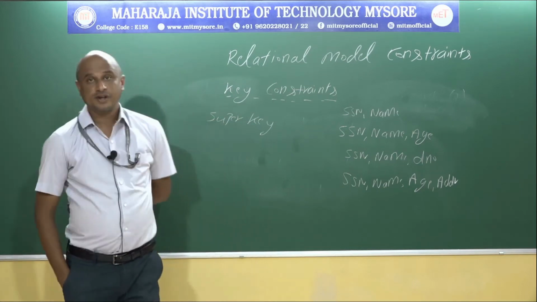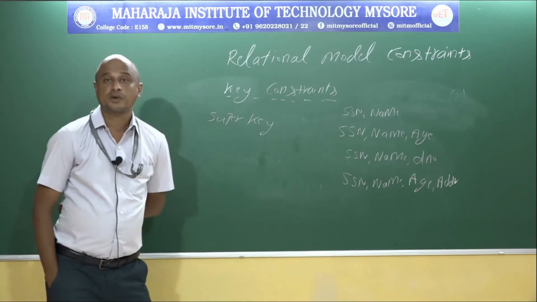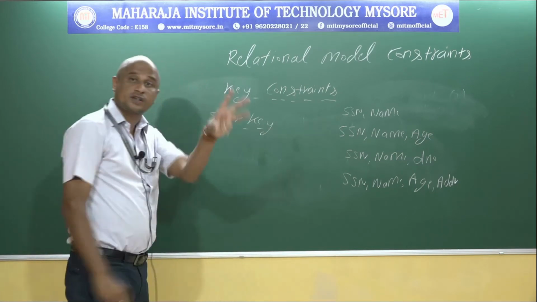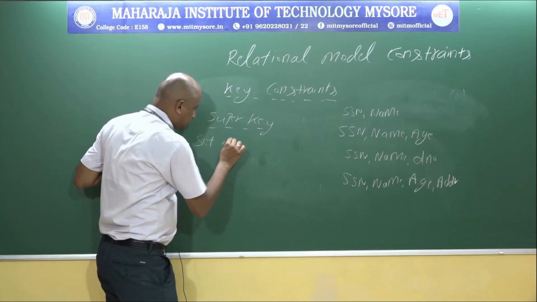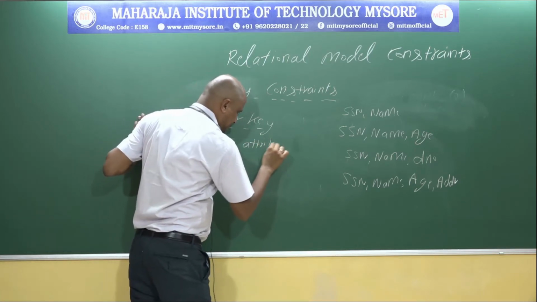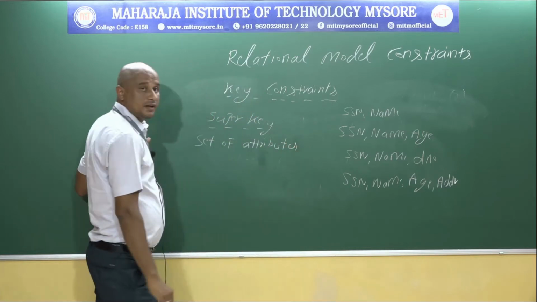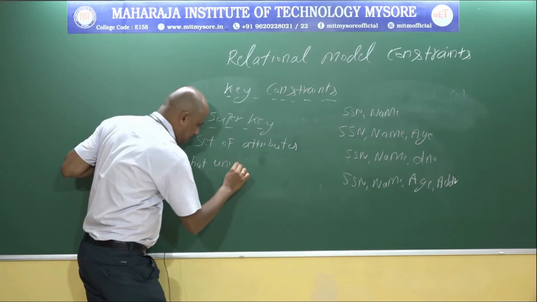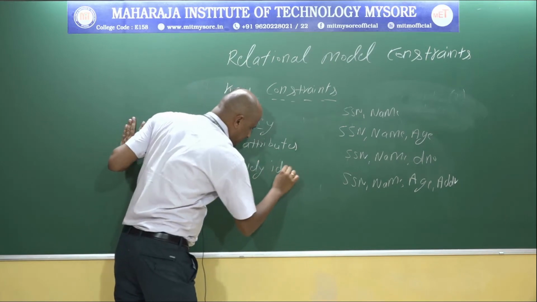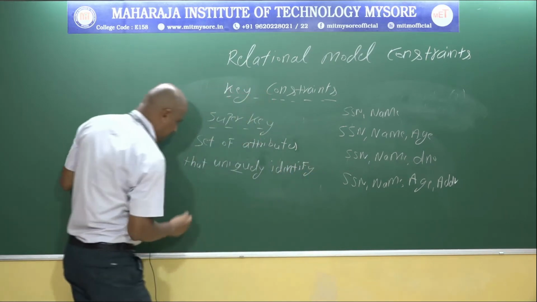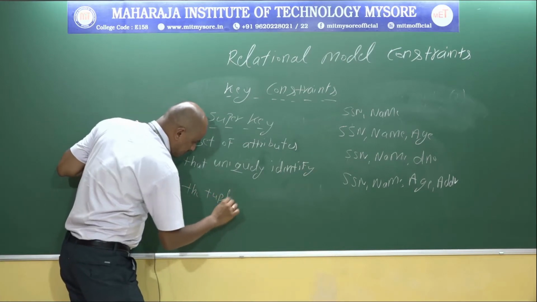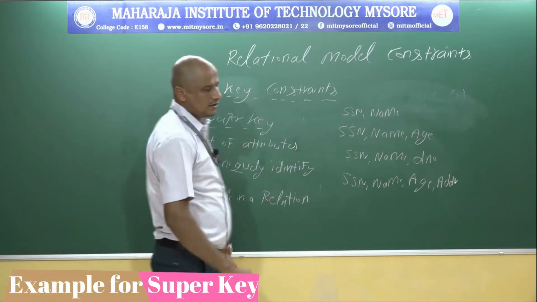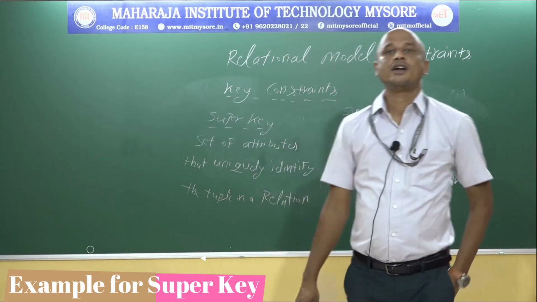A super key is nothing but a set of attributes, or a combination of attributes, that uniquely identifies the tuple in the relation is called a super key.